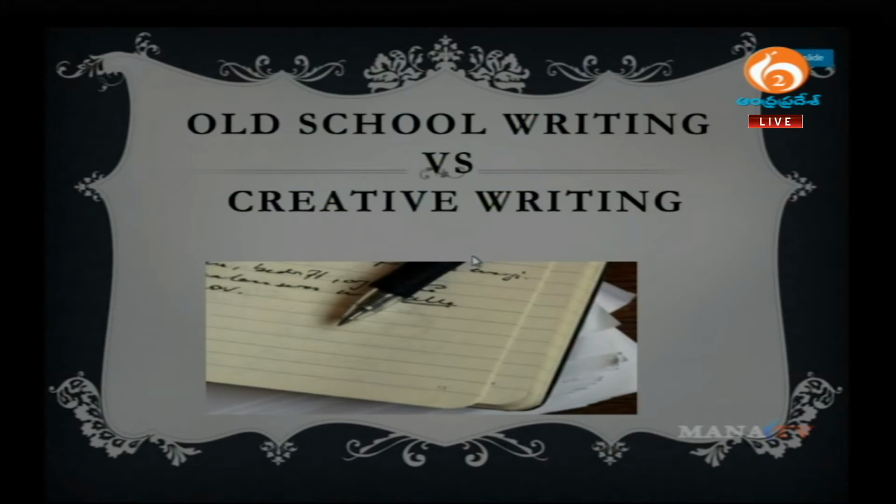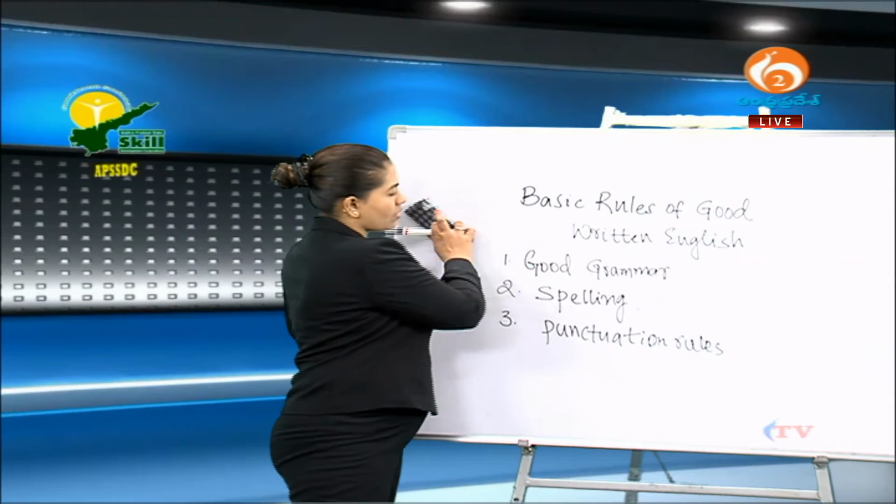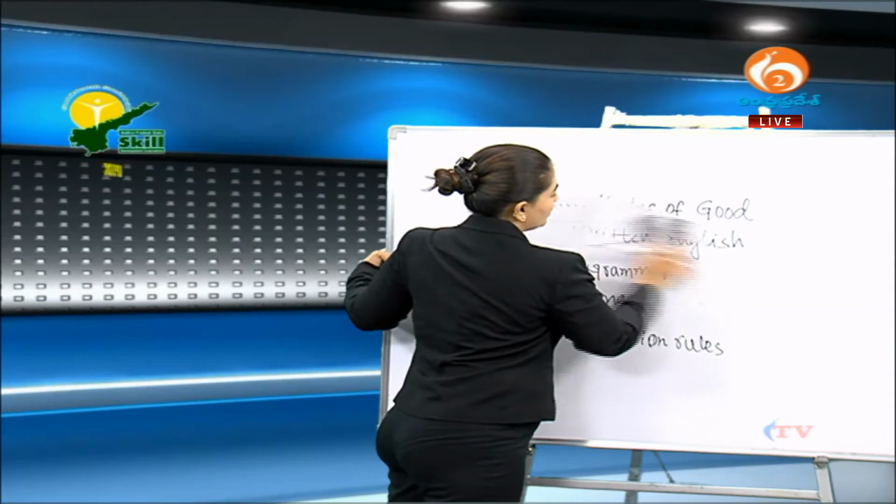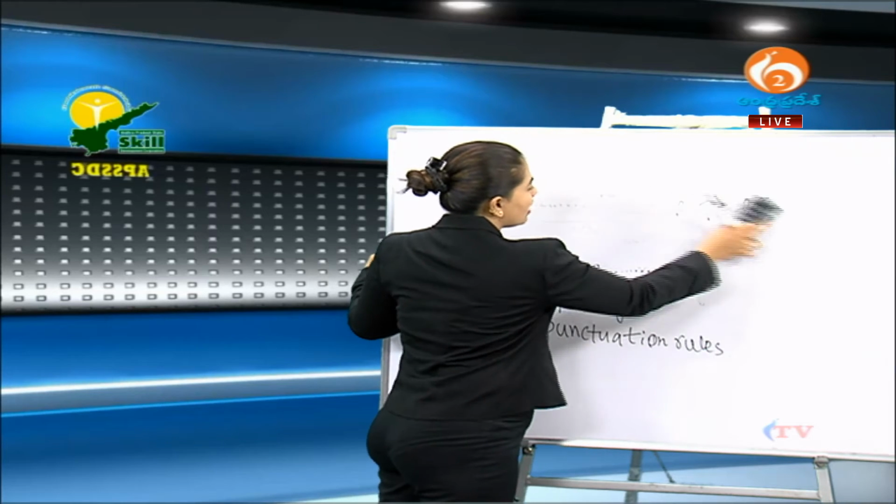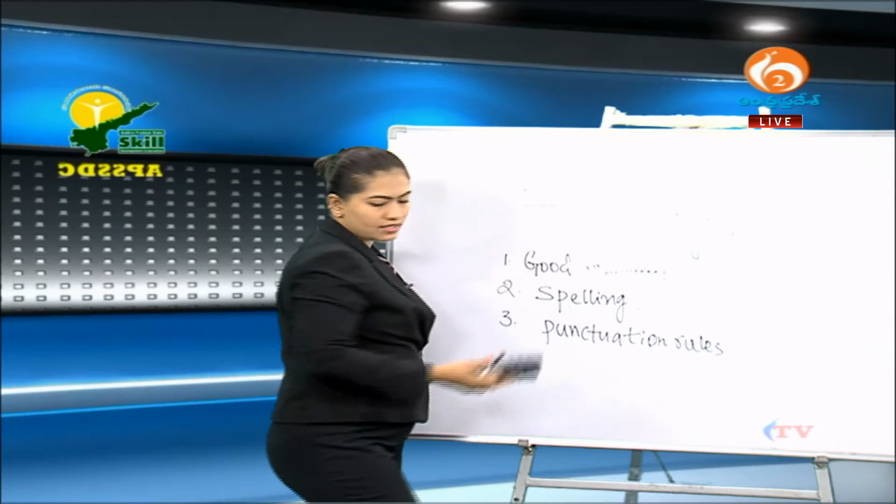Let us discuss this in general. Old school of writing is your thought process that was really specific with certain word choice, and it didn't really move on to be creative. So let us look at these pointers to understand your creative writing skill and your basic writing skill for that matter.